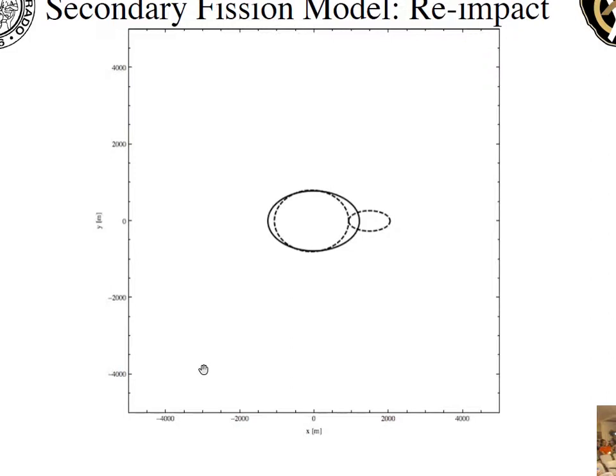And in this example, it splits and one of them goes back to the surface. It's a relatively low speed impact, on the order of centimeters per second or less, so we don't expect it to be a catastrophic impact. But it does come back to the surface and maybe even distributes itself around the surface. Whereas the second one actually gets thrown out a little bit and becomes a little bit more stable. And if this process occurs a few times, it can actually stabilize the system.